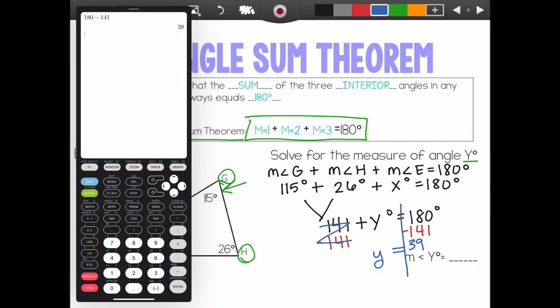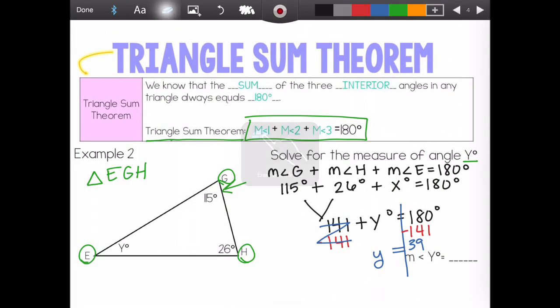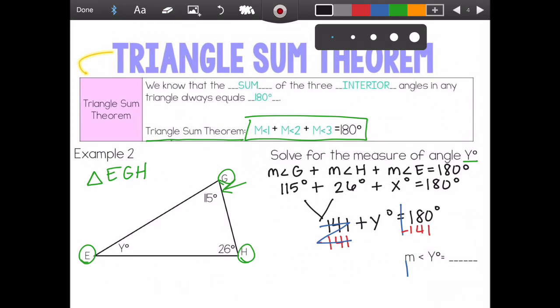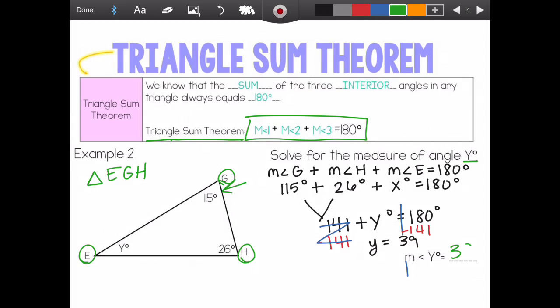So y equals 39, and I'm going to plug that in here. Now we want to double check. I'm going to take the angle measures I have now: 115 plus 26 plus 39 should equal 180 degrees.